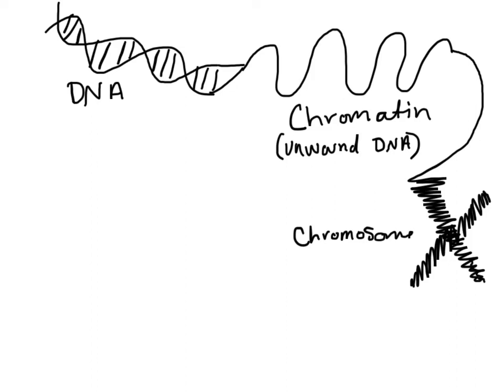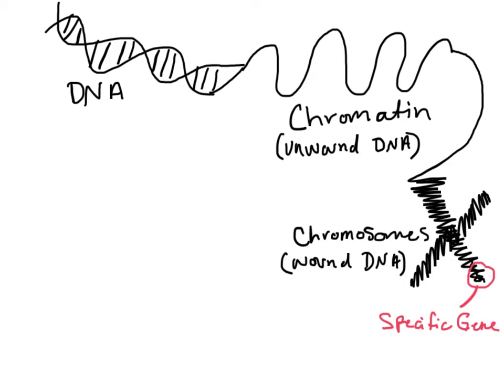Wound DNA, or that organized DNA. And then within each section of this, kind of like you were asking, Victor, this piece right here might code for a specific gene, which codes for a specific trait.